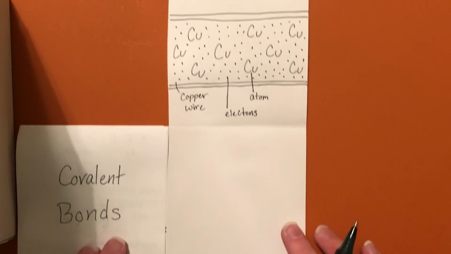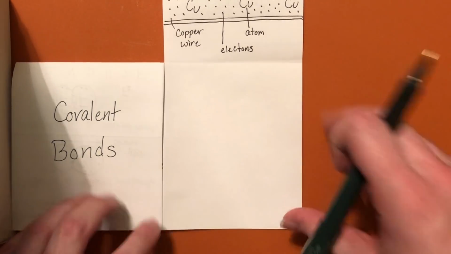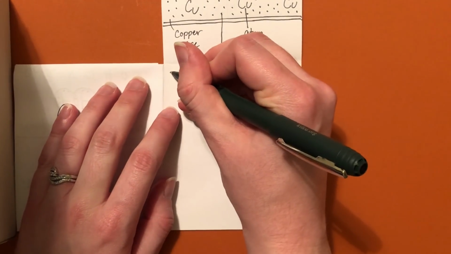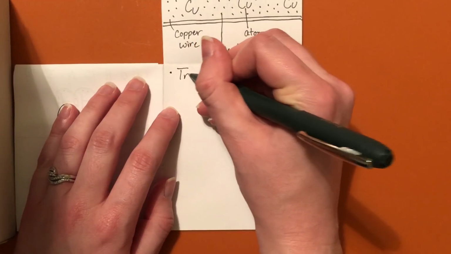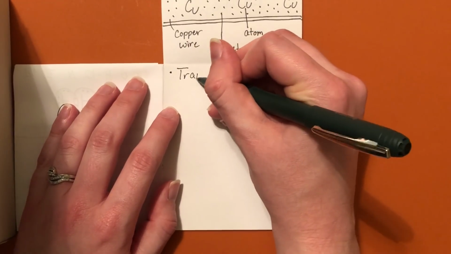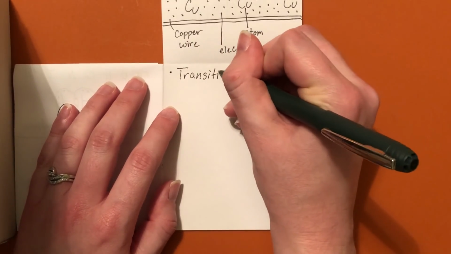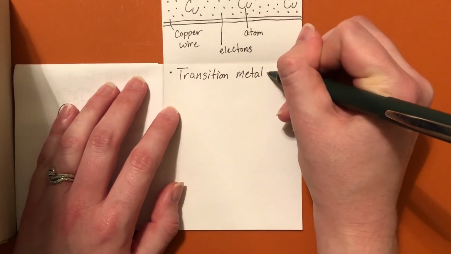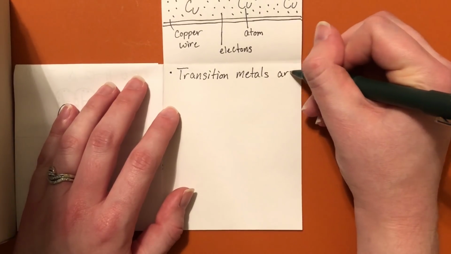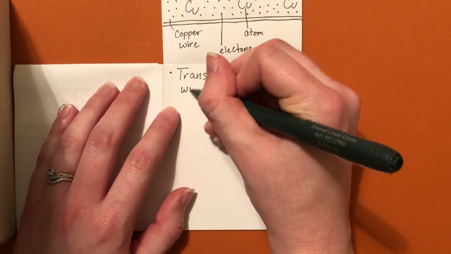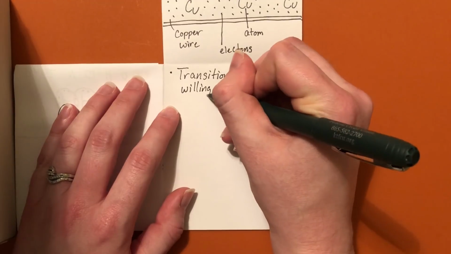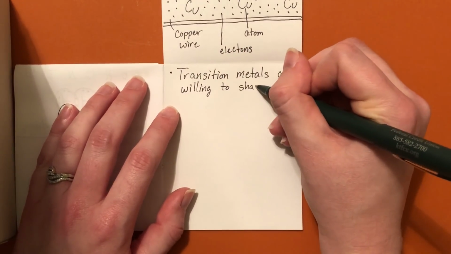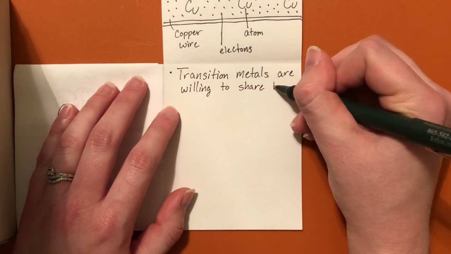So, just some properties moving down to that bottom section. What we just talked about with our sea of electrons is that transition metals are willing to share their valence electrons.